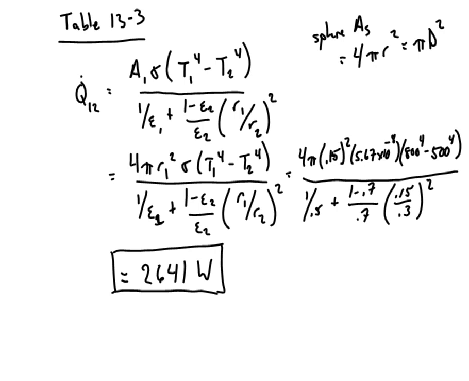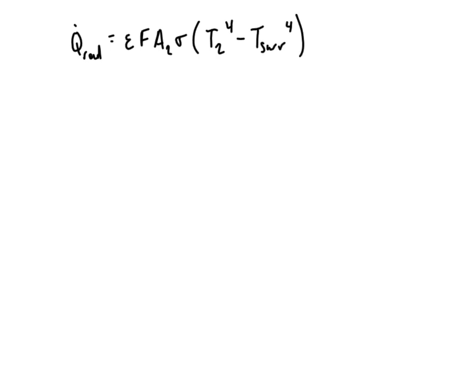So we'll have to start by finding out the radiation that escapes to the room. So we do that. We find that Q dot rad is going to equal the emissivity on that outer surface of the outer sphere times its view factor to the room times the area of that sphere, A2, times sigma times T2 to the 4 minus T of the surroundings to the 4.